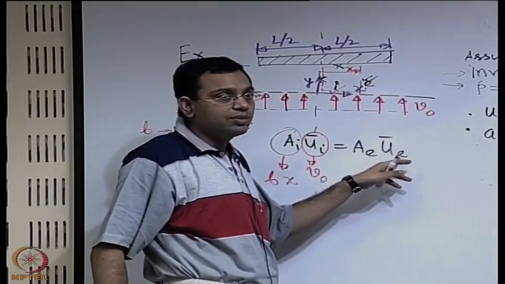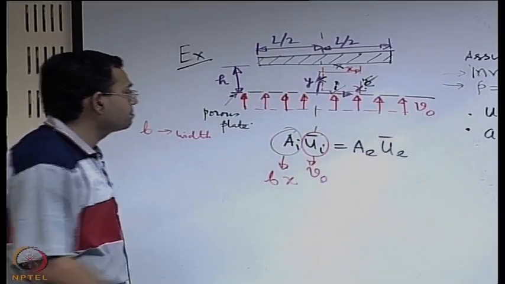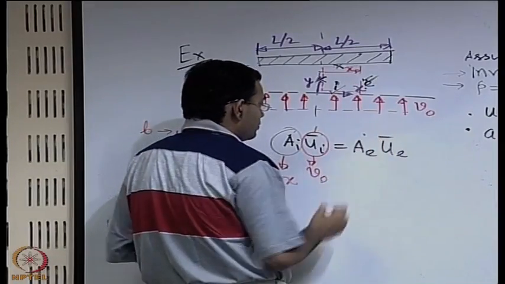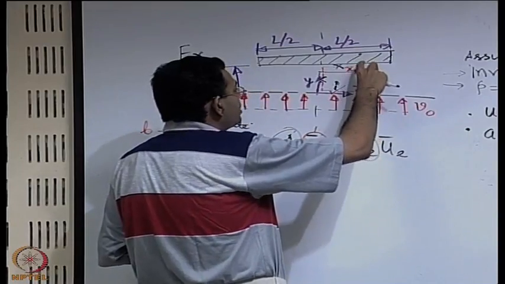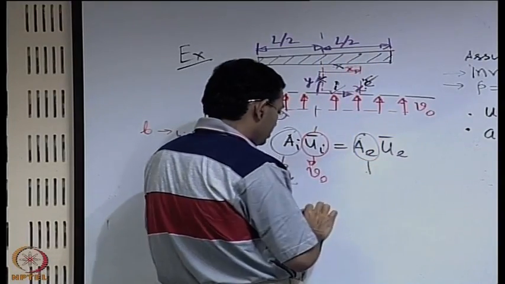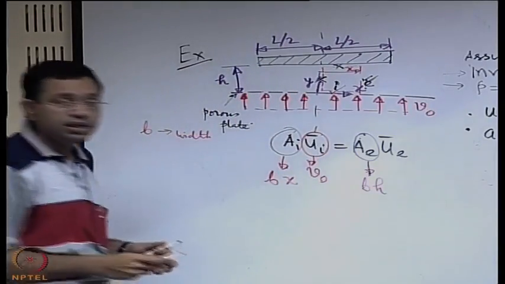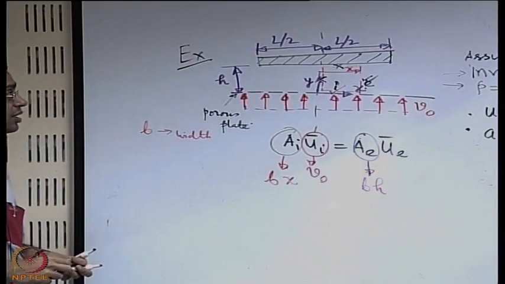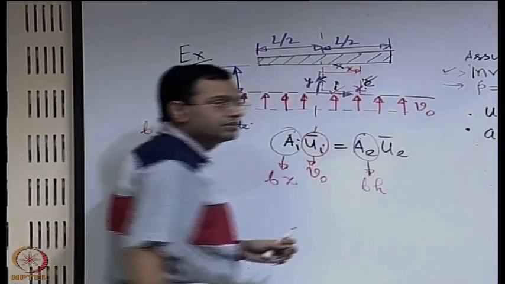Now come to these ones. What is AE? So H into B. And what is UE average? See, for that this assumption of inviscid flow is important.